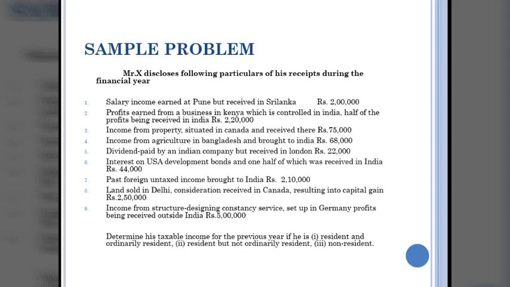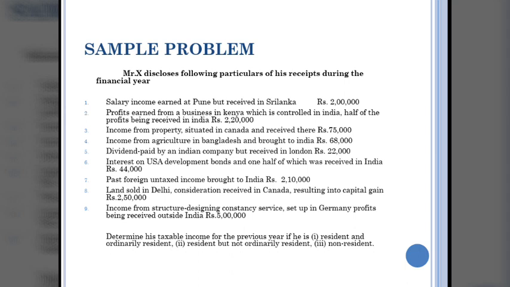So no problem, you tax to all types of resident, not ordinary resident, and the non-resident. Then the remaining 1,10,000, it is a business in Kenya which is controlled in India. So the remaining is taxable to the resident and not ordinary resident and not to the non-resident. So 1,10,000 is taxable to the first 2 categories and not to the third one. The another 1,10,000 is taxable to all because it is received in India.